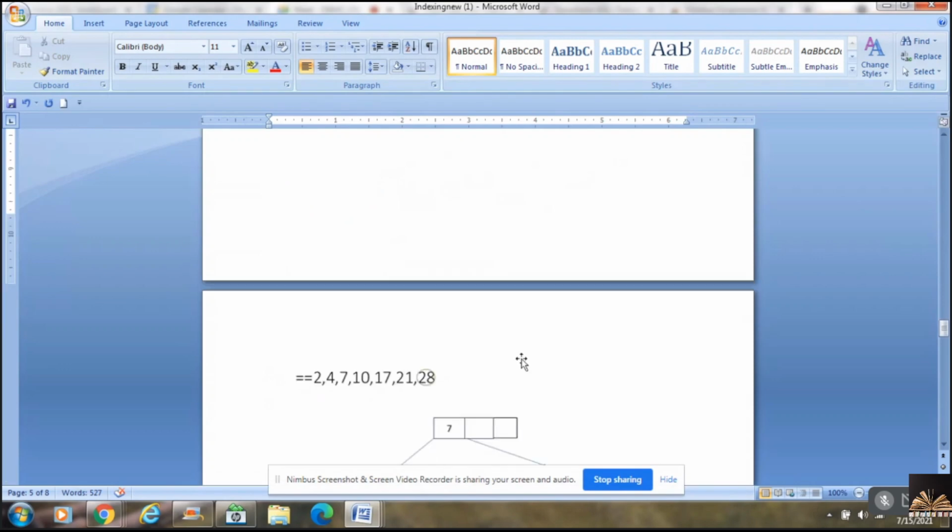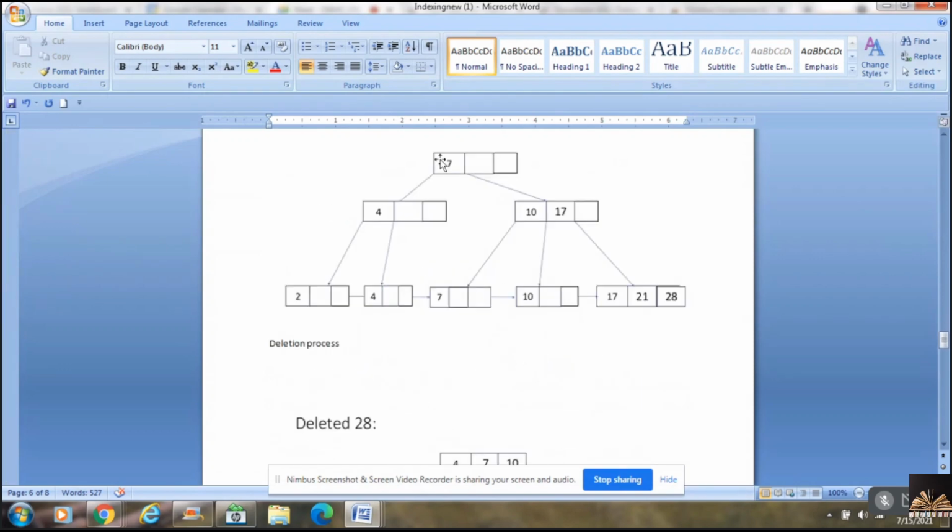Now the tree structure looks something like this: 7, towards the left of 7 is 4, towards the right of 7 is 10, then 17. Towards the left of 10, the elements which are lesser, towards the right, greater than or equal to.